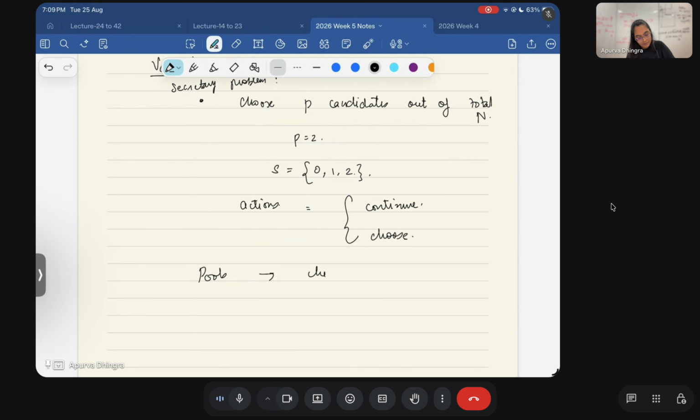You chose one. The game doesn't end here, it still continues. Then you see the rest of the pool and you choose one more. Choose the second candidate. Then it ends. This is where you reached what we have been calling the stopped state.